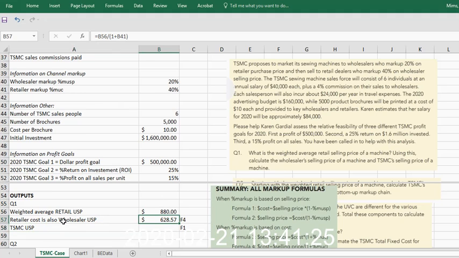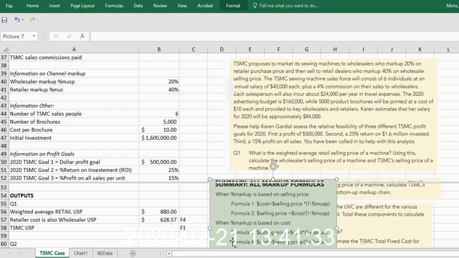So if we want to know why we're using Formula 4, it's because we have the markup and cost for the retailer, and if we need to calculate the cost for the retailer, we know that the cost for the retailer is also the wholesaler's selling price. So that's why we're using Formula 4. In essence, we're calculating cost.